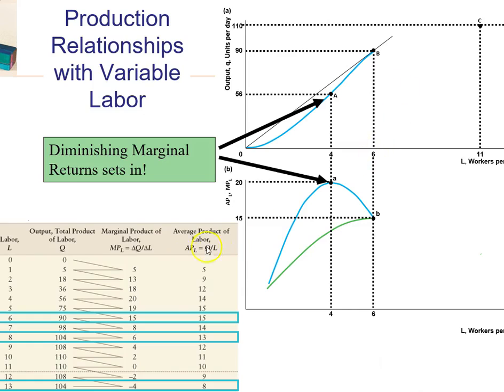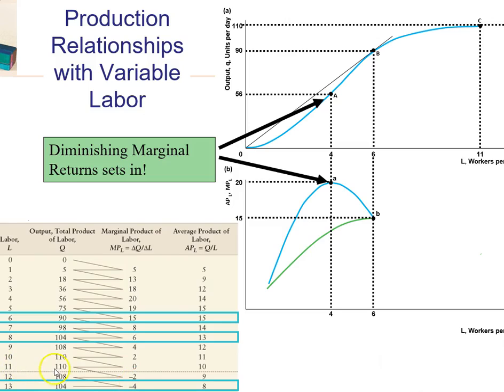With additional workers hired, where is the output maximized? 110 is the largest output, when you have 11 workers. So with 11 workers, this is where this blue curve is going to reach its peak. Any workers hired after 11 is going to actually reduce your output, and therefore you have negative marginal productivities of labor.